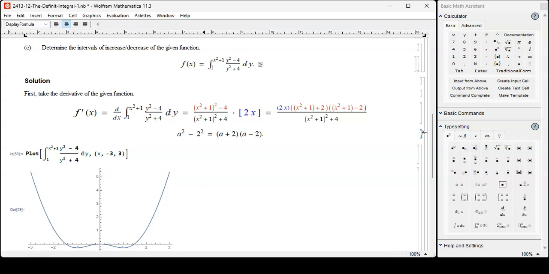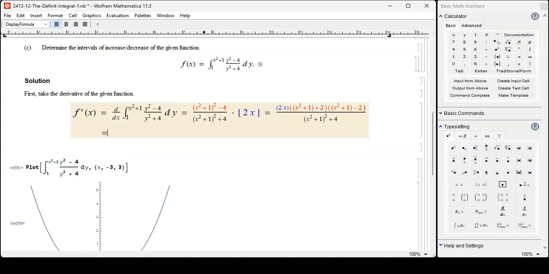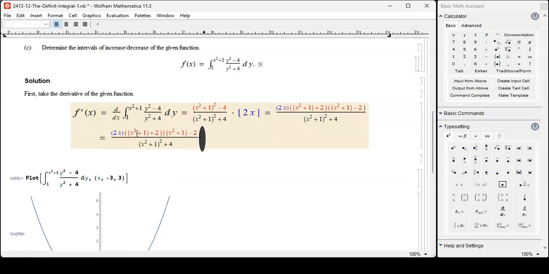Okay, let's simplify this further. Copy and paste this, and then we don't need all those colors anymore.